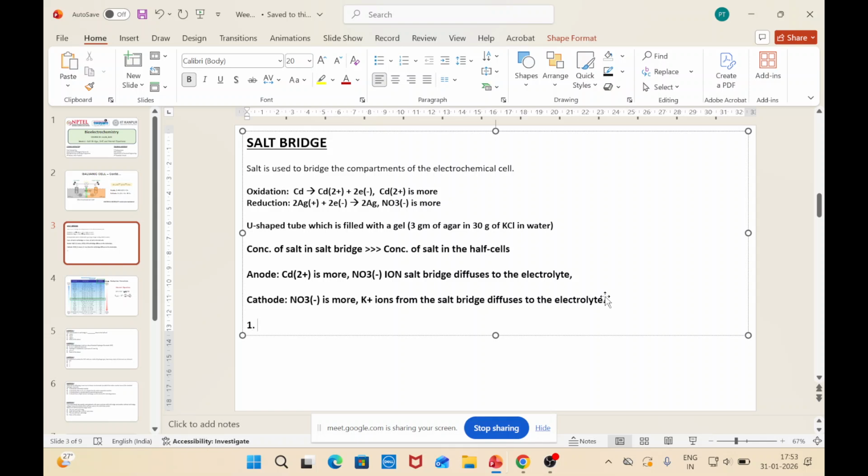So I'll write those: to maintain charge neutrality, and second thing is to reduce internal resistance and increase current flow in the electrochemical cell.